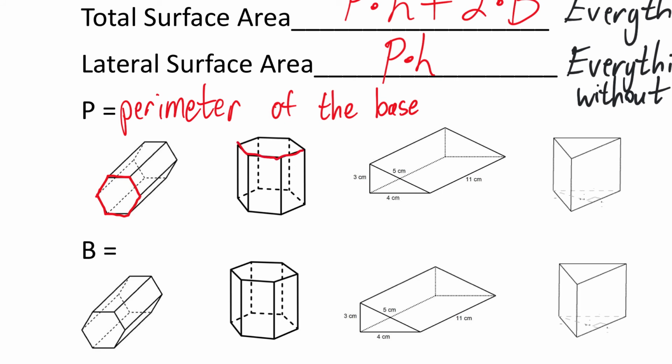On this one, the perimeter of that hexagon. On this one, the perimeter of this triangle because that's a triangular prism. And on this one, the perimeter of that triangle because that's a triangular prism with a triangle base.